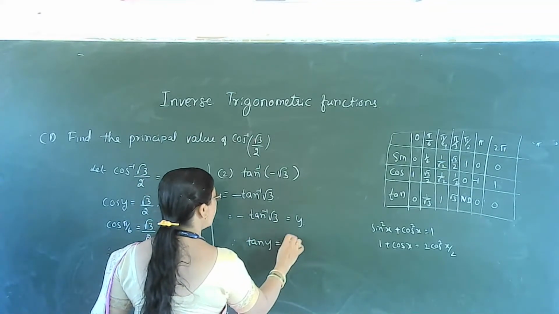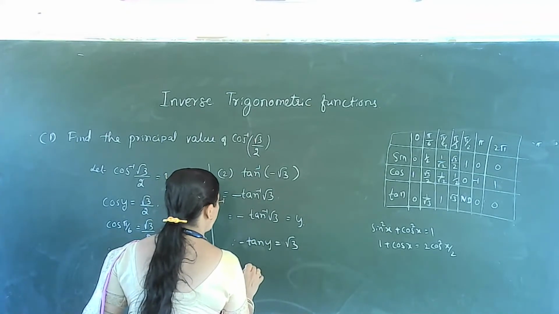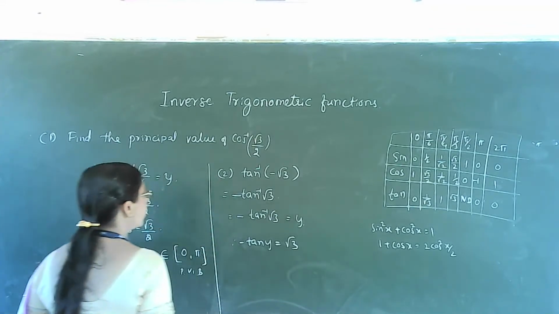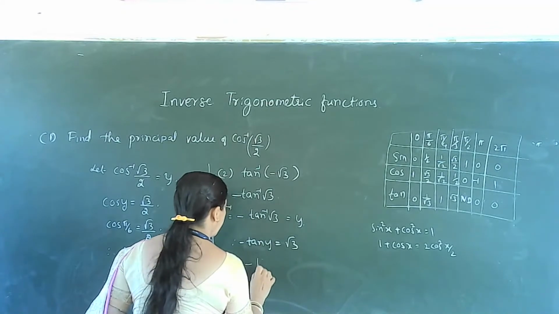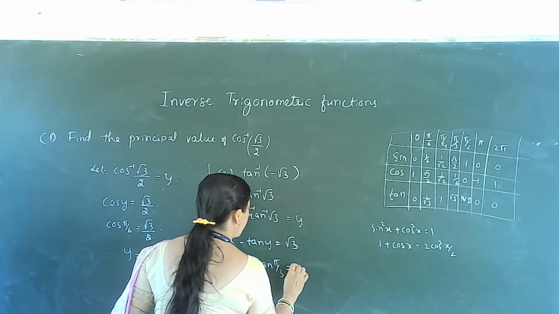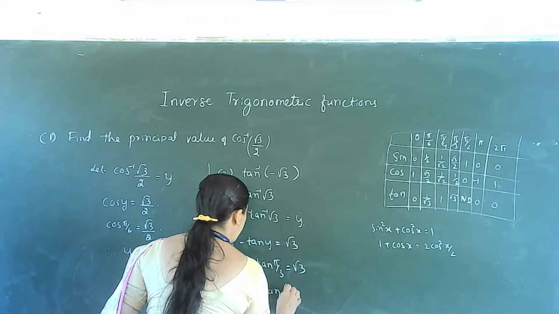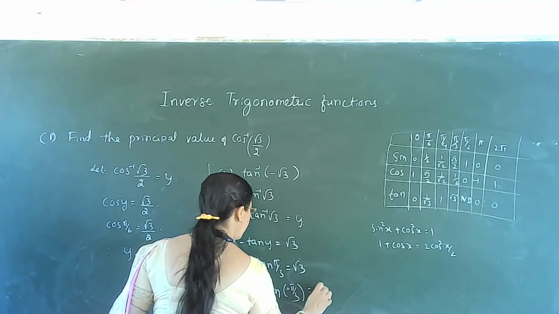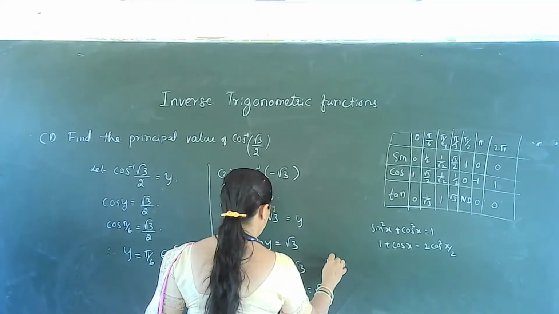Tan y is equal to root 3, therefore tan of minus π by 3 is equal to minus root 3. Therefore, y is equal to minus π by 3.